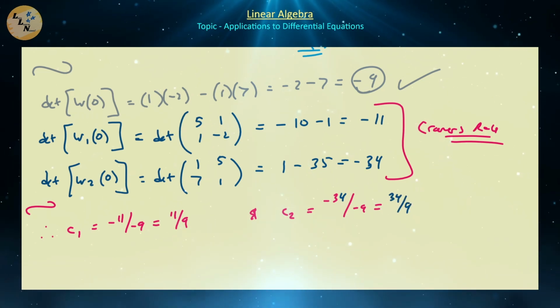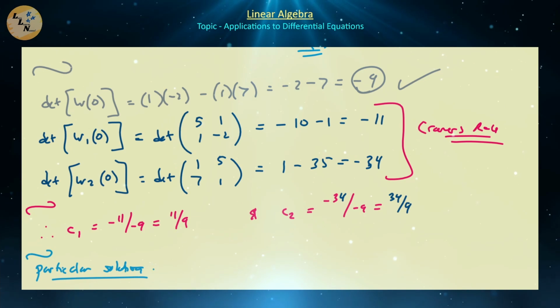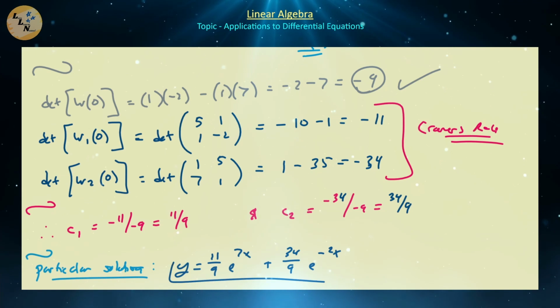Once you have your constants, then we have our particular solution. So our particular solution is as follows: y is equal to 11 ninths e to the 7x plus 4 e to the minus 2x.